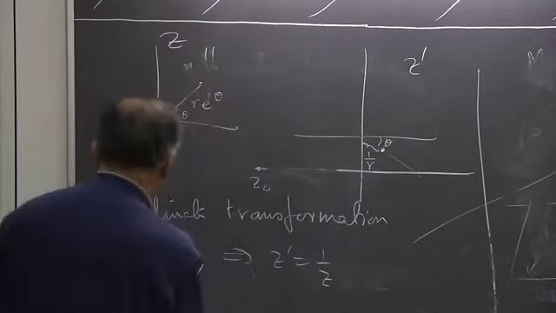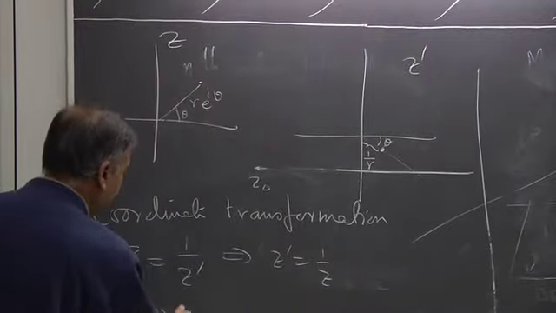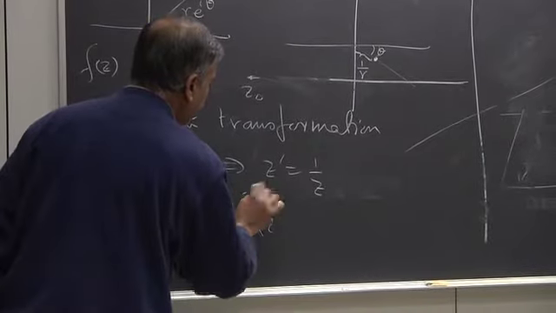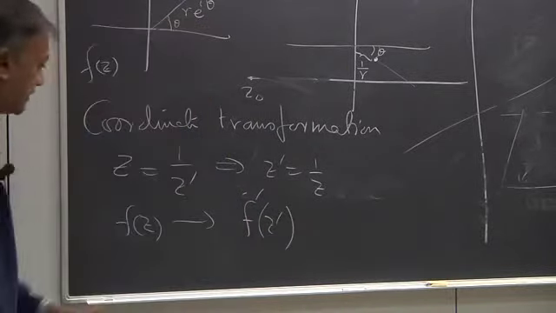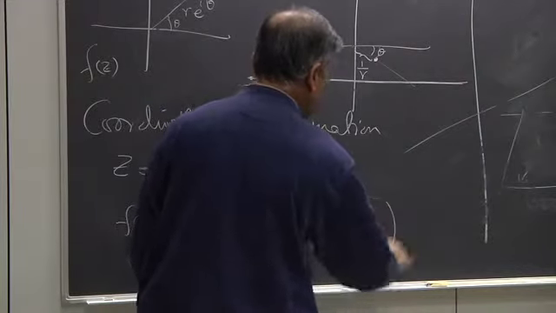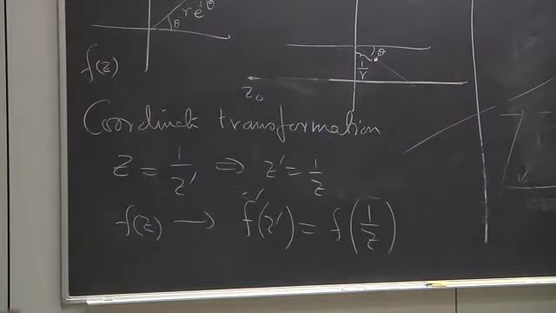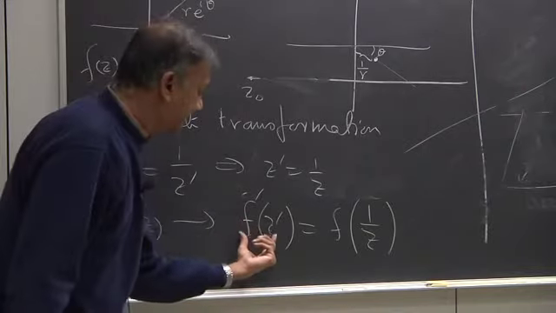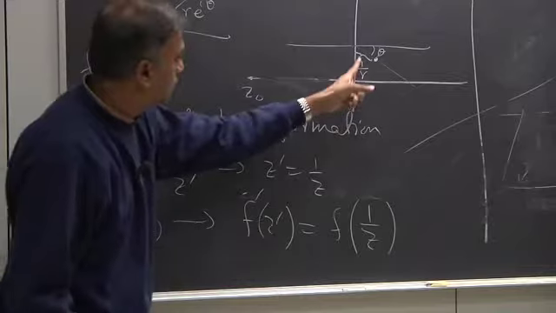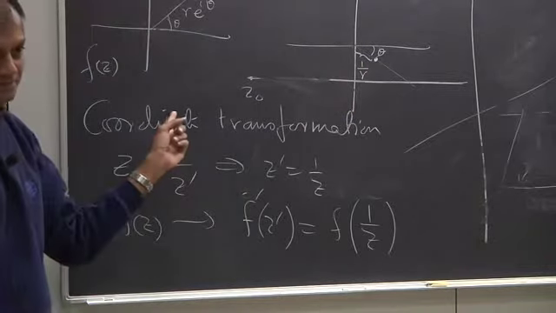So the function of z will be mapped to some function of z prime. Let's call it f prime of z prime, where f prime of z prime is simply f of 1 over z prime, right? So you do this, and then you just study its behavior around z prime equal to 0, because z prime equal to 0 is the point at infinity here, right?